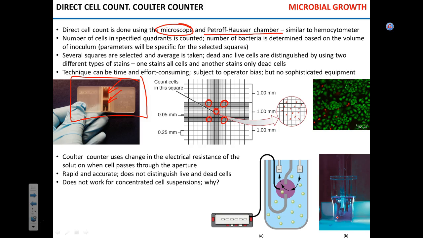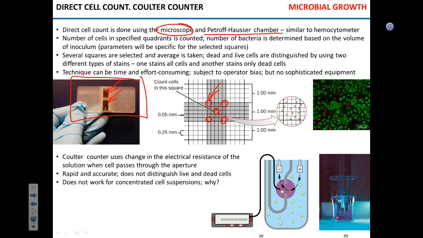You can try different quadrants for different types of cells. The smaller the cells are, the smaller the quadrants you can address. But say you count the number of cells in 5 quadrants, and then you multiply it by a certain factor, and you get the number of bacteria per microliter, for instance.